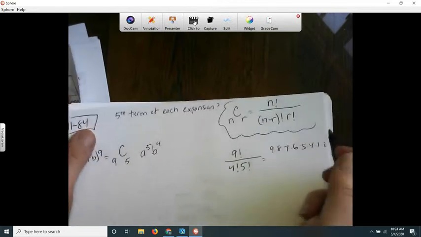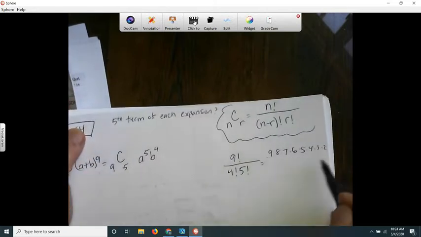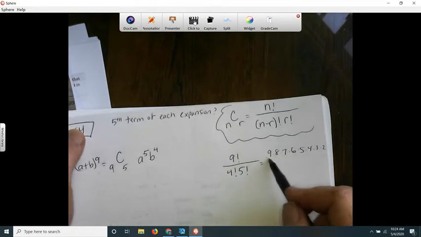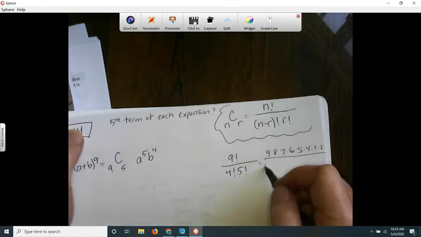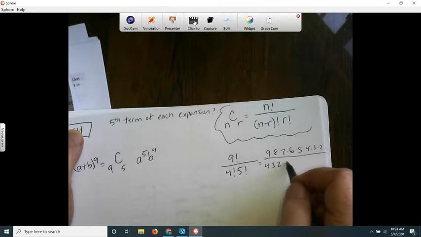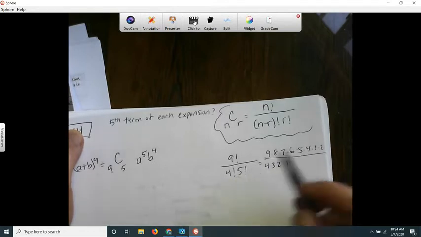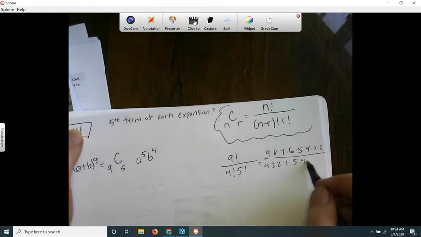I'm not going to write the 1 because when I multiply by it, it doesn't really do anything. This is 4 times 3 times 2 times 1, and this is 5 times 4 times 3 times 2 times 1. They're going to all cancel out.